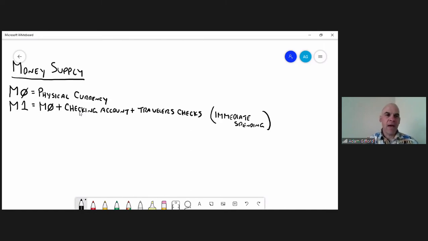And if you think about it, money in physical currency or the checking account, this is money that you have that you're ready to spend immediately. So generally, businesses are going to look at the M1 and say, how much money do people currently have to spend immediately? Not that they're going to spend it immediately, but it's a good short-term way to predict what, especially things like retail and consumer goods, over the next few months.